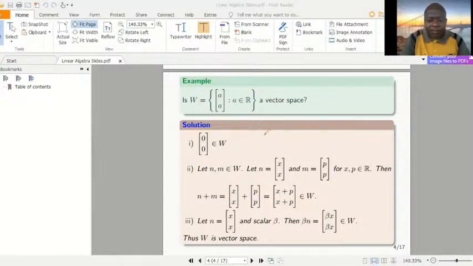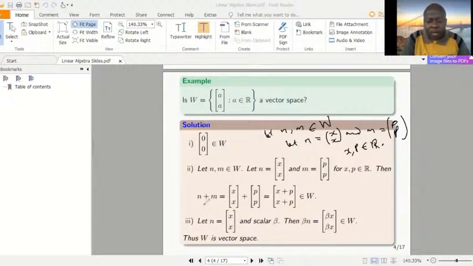So I let N and M be vectors in W, so that I can let N be the vector (x, x), and M be the vector (p, p), where x and p are real numbers.